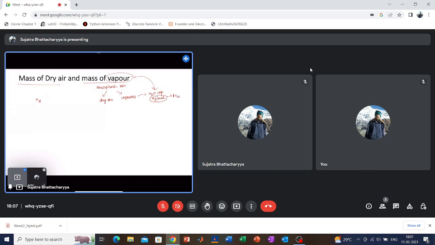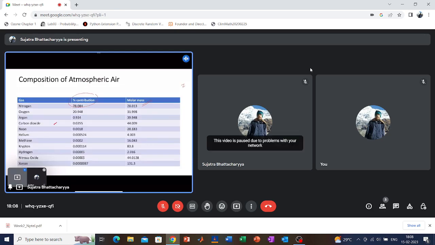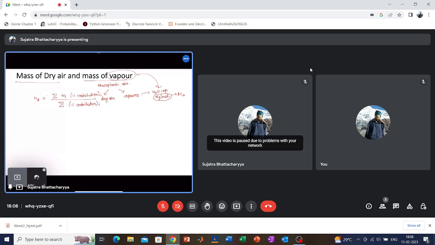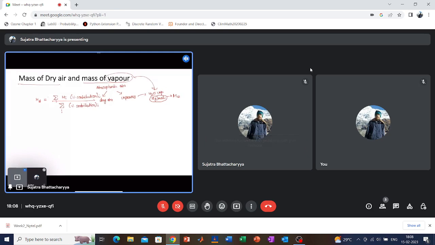The mass of the dry air is written as the summation of the molar masses of each individual gas listed here, times the percentage contribution of each gas, divided by the summation of the percentage contribution of each gas. Then only we will get the dry air's molar mass. The summation is over i.